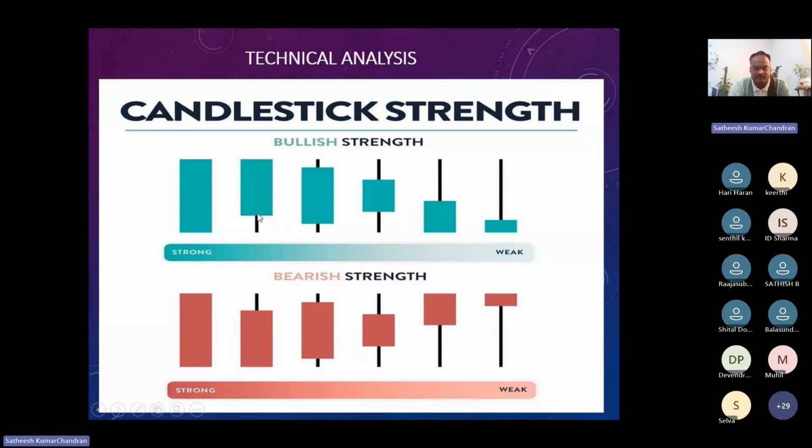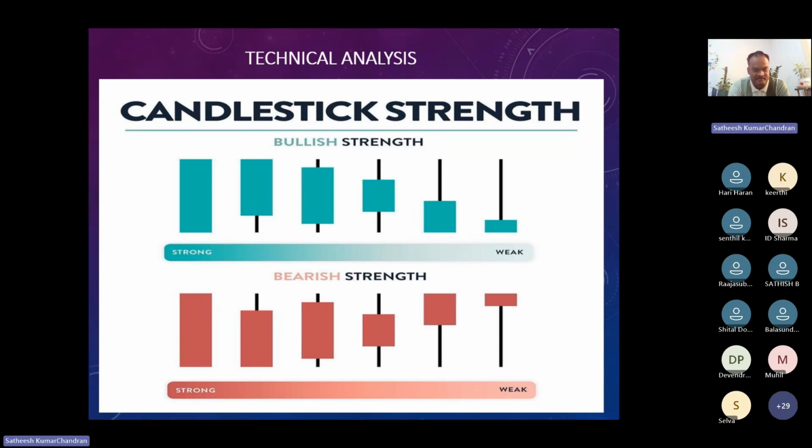See the weak stock and strong stock candles. When the stock is in strong mode, the candles are much bigger. When the stock is in seller's mode, the candle is very weak, and vice versa.